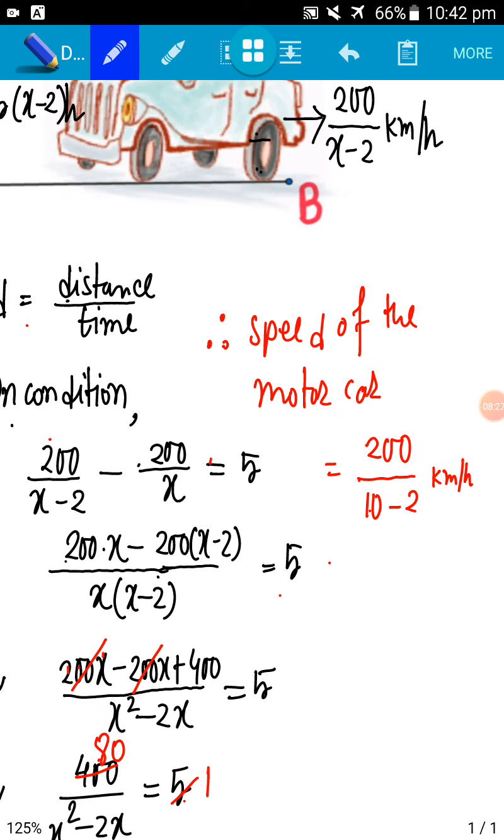And finally we get the answer 200 by 8 kilometers per hour.